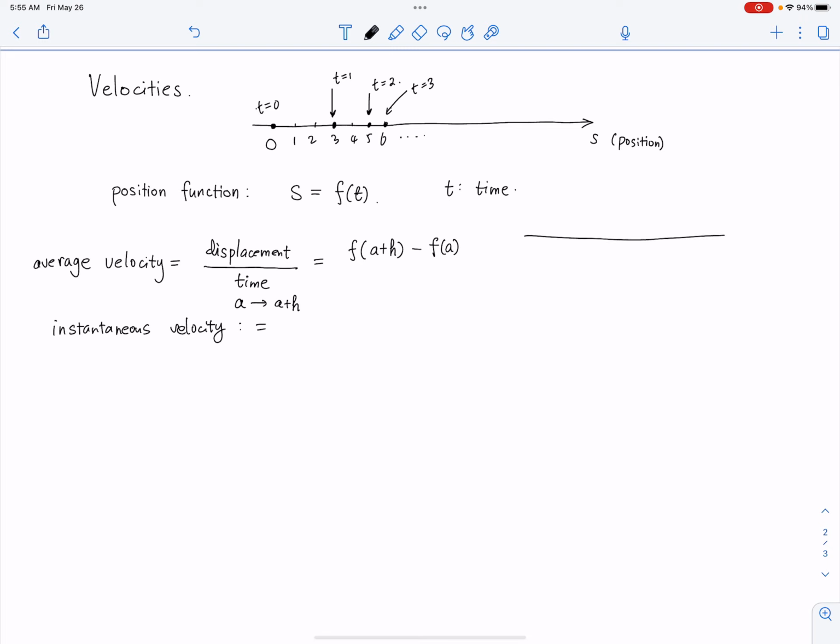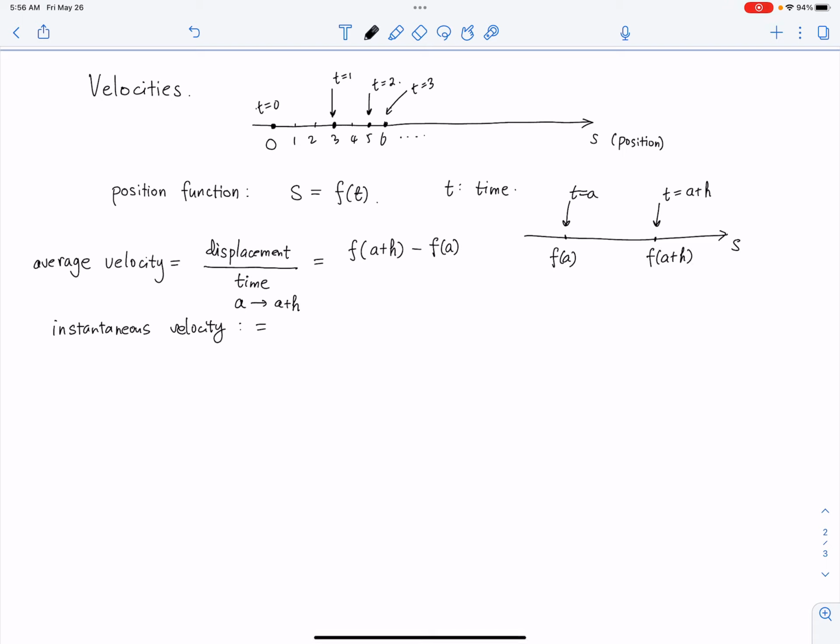So this is like that. You have position and you have time at t equals a. You are at f(a). And after h, so the ending time is a plus h, and your position is f(a plus h).